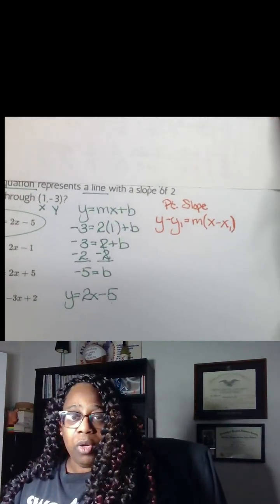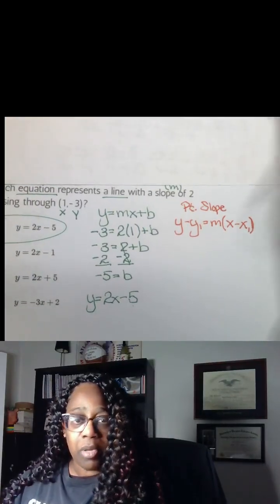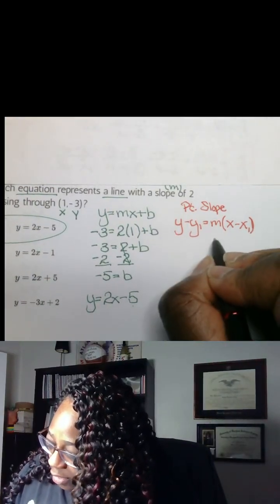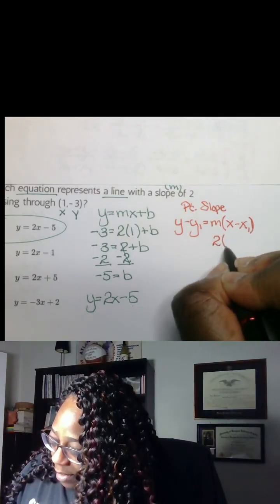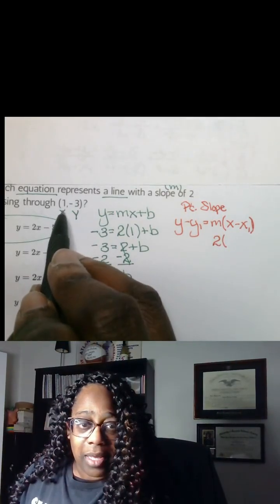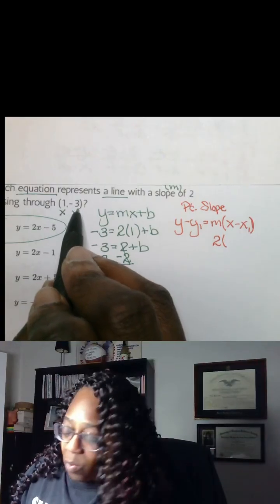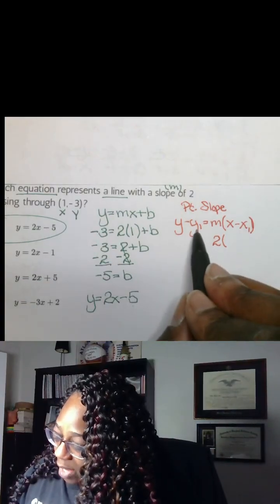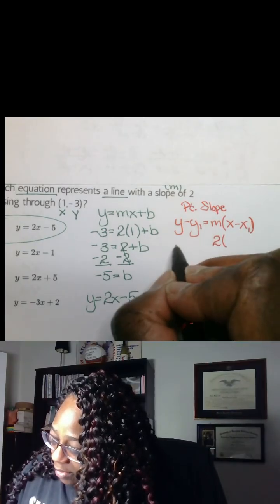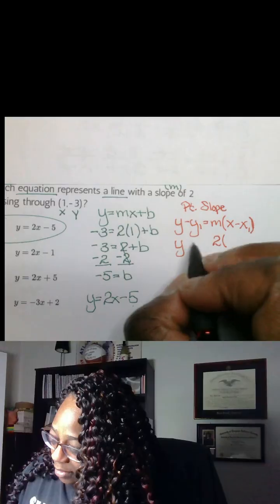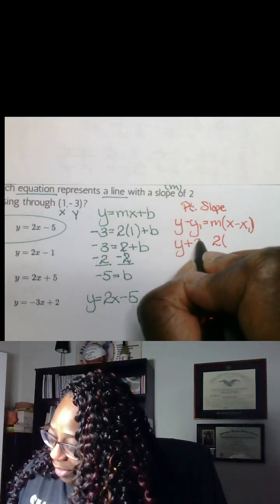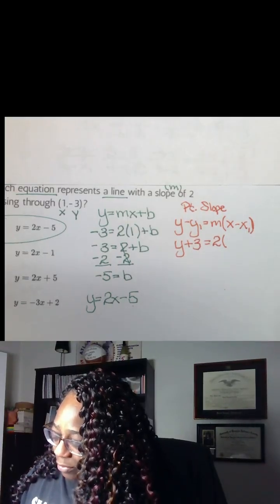So now they gave us the slope. The slope is 2. That's where we put our m. They gave us a point. This is our x, this is our y, but it's for the y1 and the x1. So you have y plus 3. And why is it plus 3?